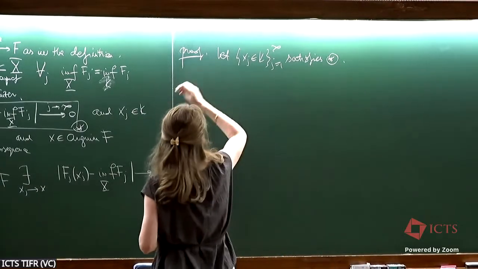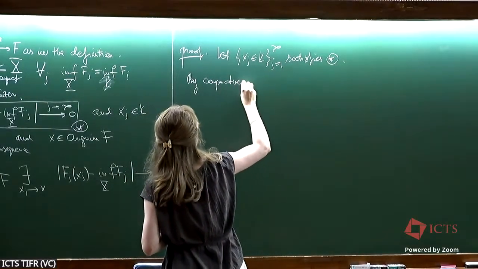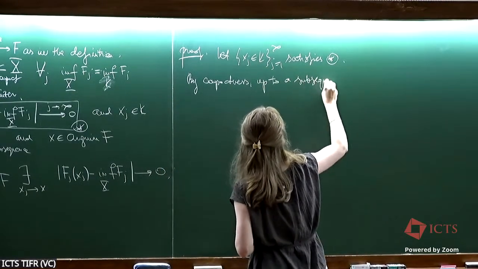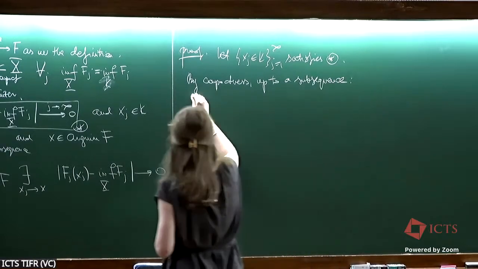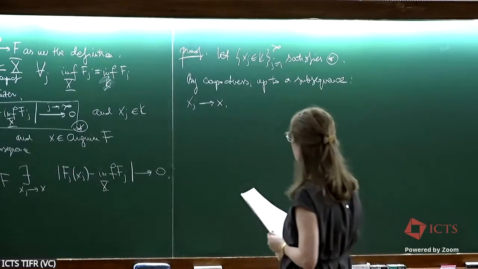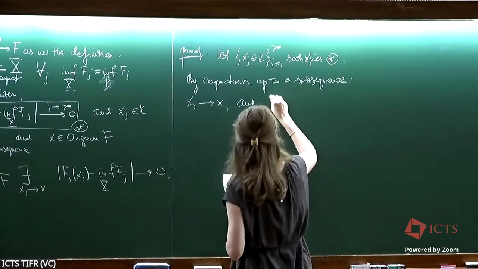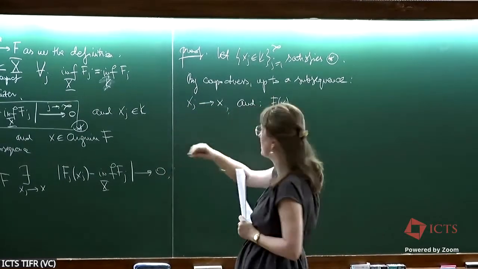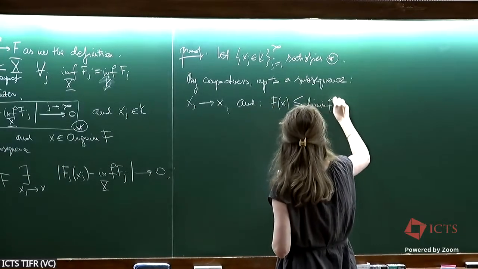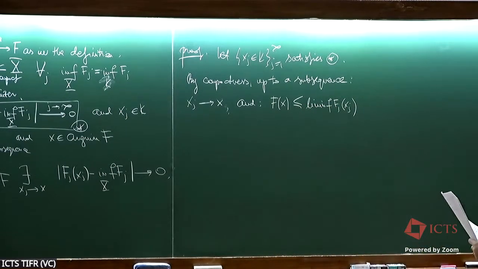So I know by compactness, up to a subsequence, Xj converges to something, X, and we have that f of X, by the gamma lim inf property, is less or equal than lim inf of Fj on Xj, right?